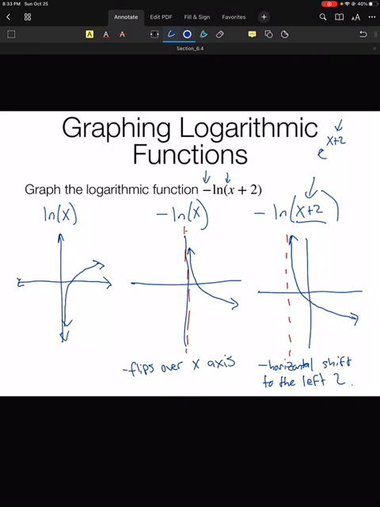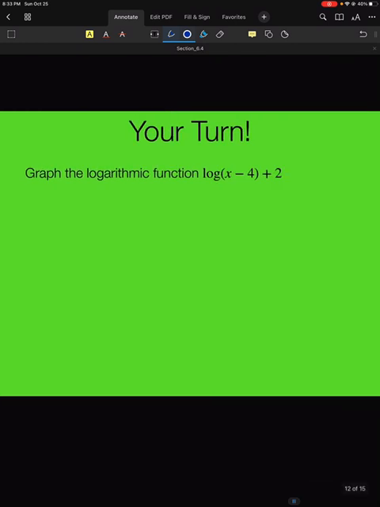You probably won't see that. But if you add something inside the logarithm, whatever kind of logarithm it is, that's going to be a horizontal shift. And if I add something outside of the logarithm, that's going to be a vertical shift. So just keep that in mind when you do your turn.